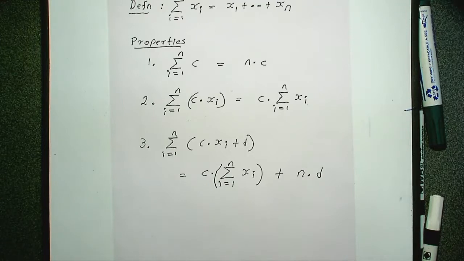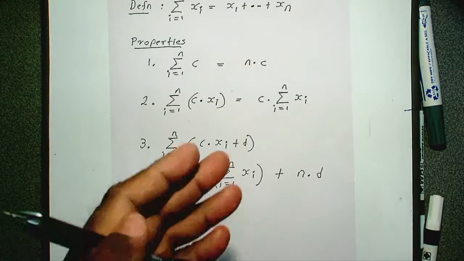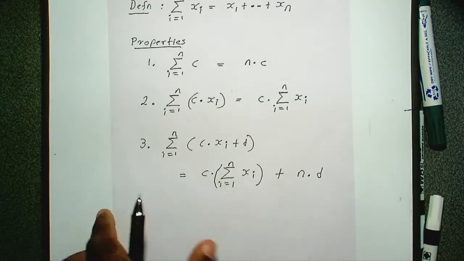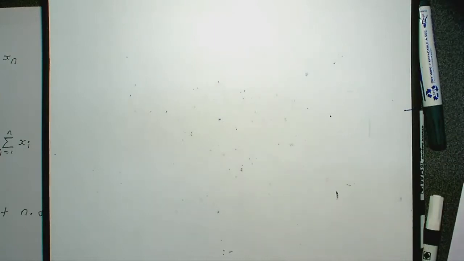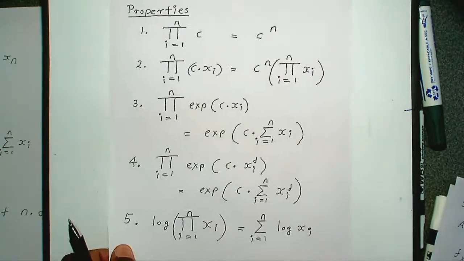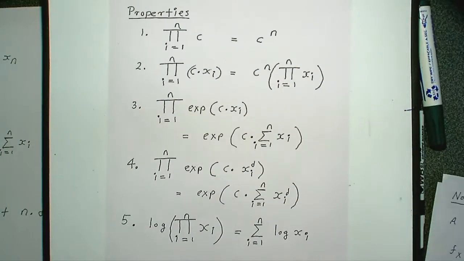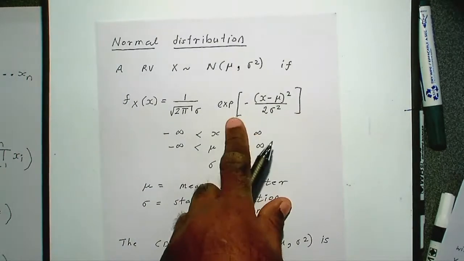Especially in quiz 2, some of you made mistakes because you did not know these properties. So it's important that you do know these properties. And these are properties of the product. This is the definition of the product, and these are some properties of the product.